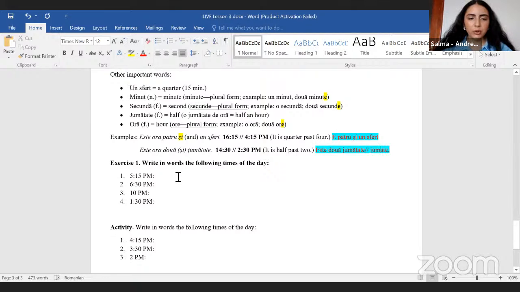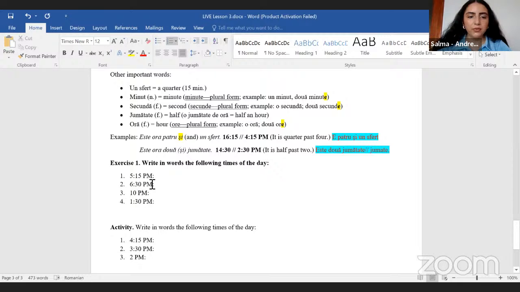Okay, and now we are going to do this exercise together, or I'm going to do it for you, so you will see how we have to think about the way in which we have to express the time. And then I put for you here a short activity where you have to write these times of the day on your own. And I will give you the answers probably during the next class. Okay, so let's see here.